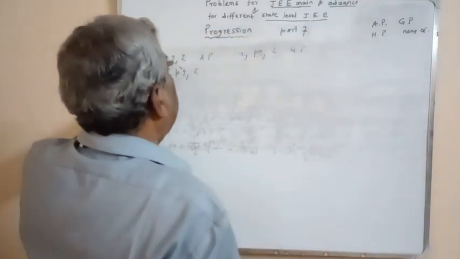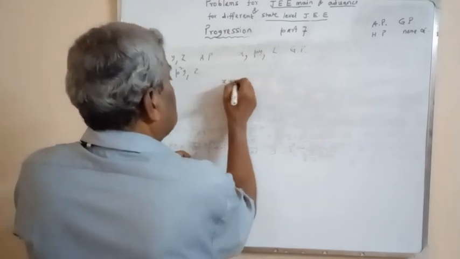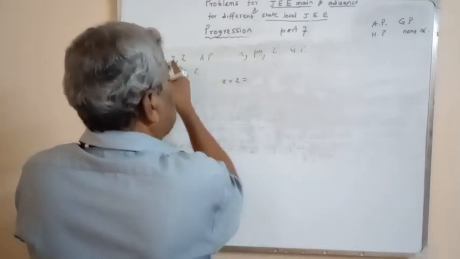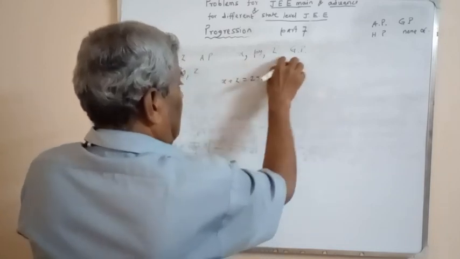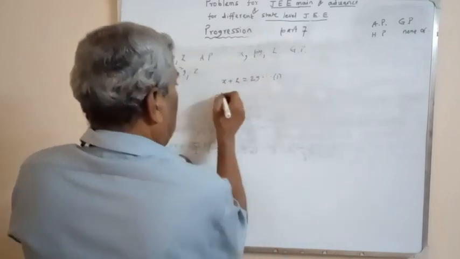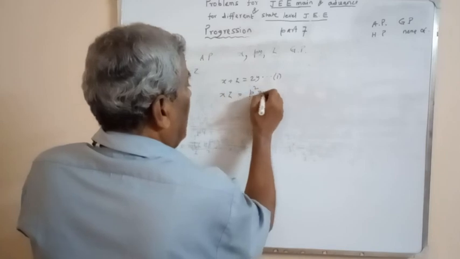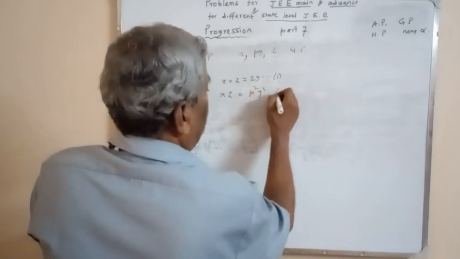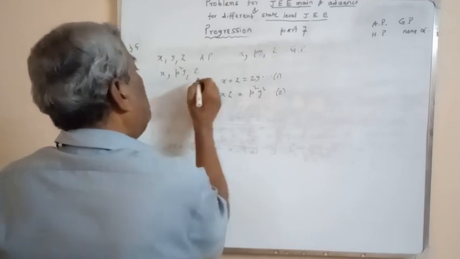Given x, y, z are in AP, therefore we must have x plus z is equal to 2 times the middle one, that is 2y. Number 1. These are in GP, therefore x into z is equal to p square y square. Number 2. And we have to find which series it belongs to.